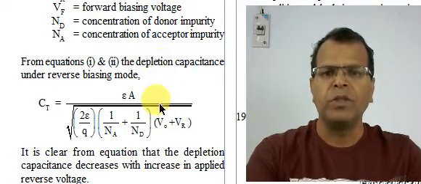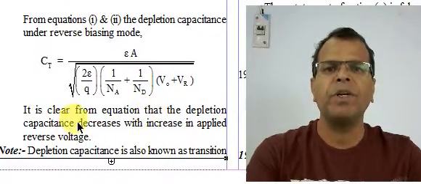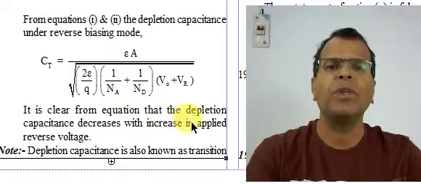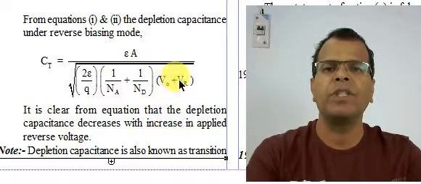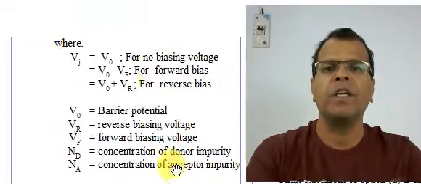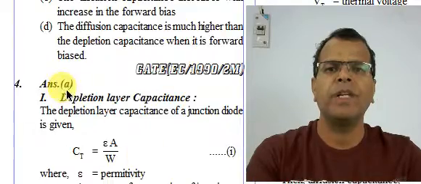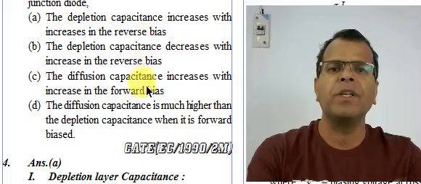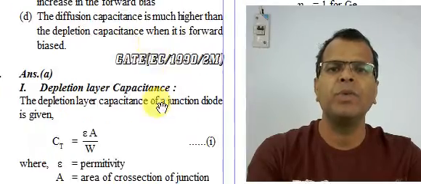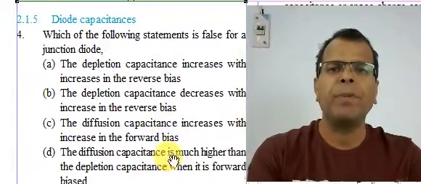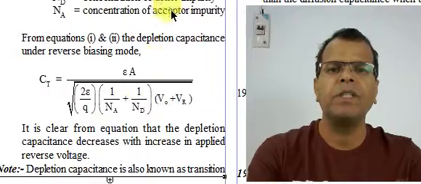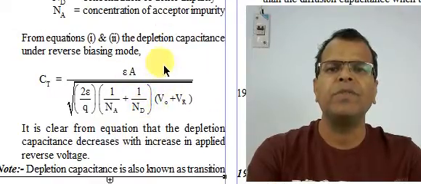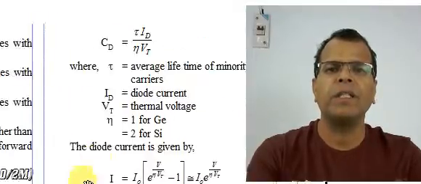It is clear from the above equation that the depletion layer capacitance decreases with increase in the applied reverse biasing voltage. So if you see answer A, the depletion layer capacitance increases with increase in reverse bias. Is it true? The depletion layer capacitance, as you can see here, decreases with increase in the reverse bias.